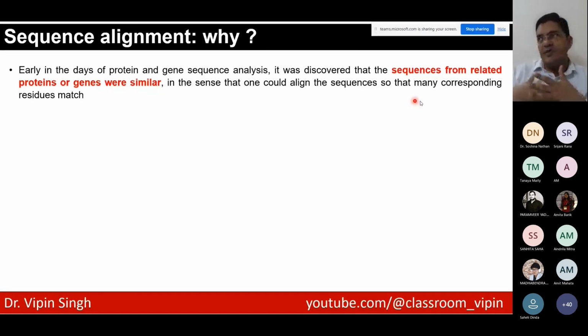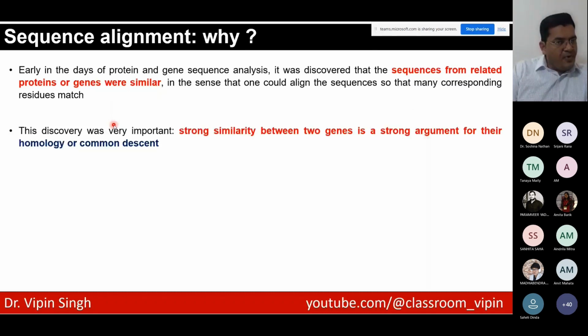Alignment means that when you put them on top of each other, you would visibly see that many of the nucleotides are similar in nature. You may have to adjust a little for substitutions or insertions and deletions, but largely you will see that the sequences are very similar to each other.